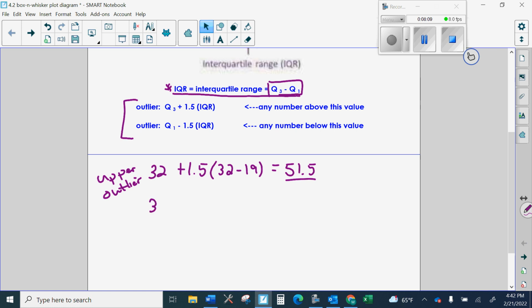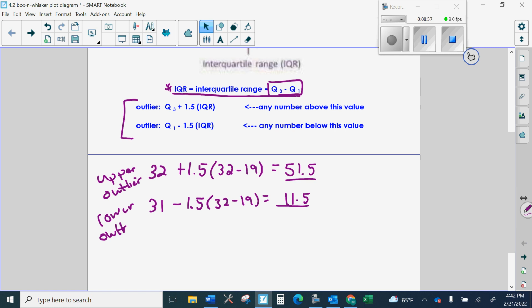For below, remember we do Q sub 1 minus 1.5 times the interquartile range. So again, that's 13, 19.5. 31 minus 20 is 11, plus the 0.5 back. So I think below 11.5 would be the boundary for the lower outliers.